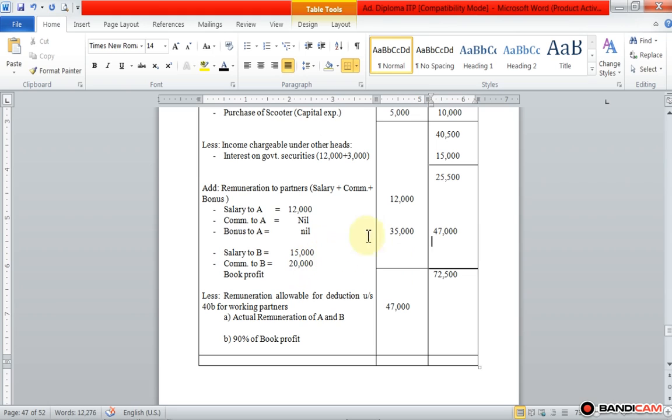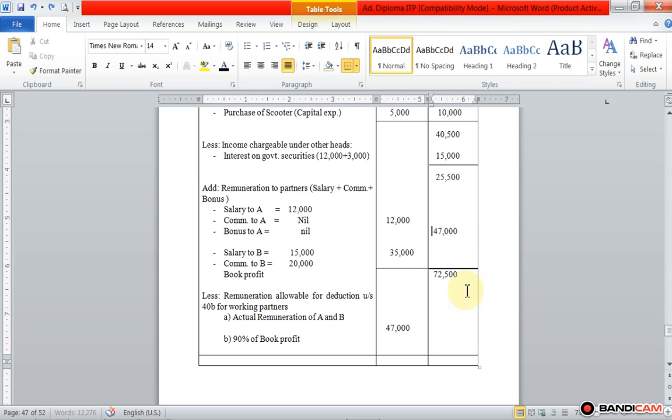Okay, so here 47,000 is remuneration. So 47,000 is added in 25,500, we get 72,500, same amount. And that 72,500 is called a book profit.